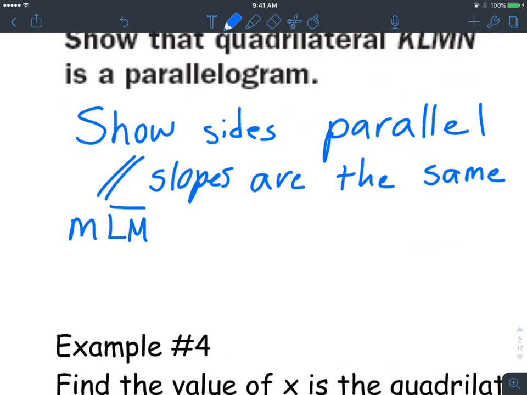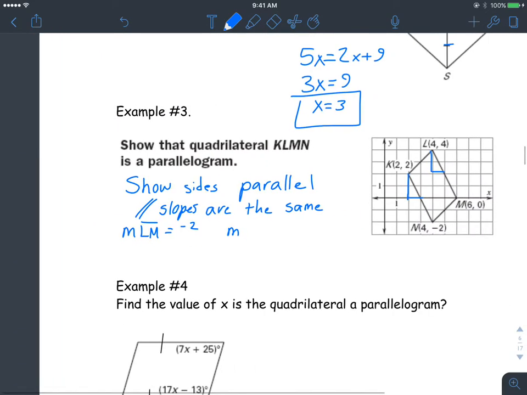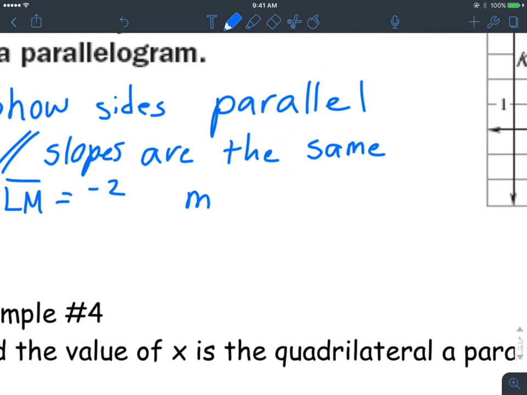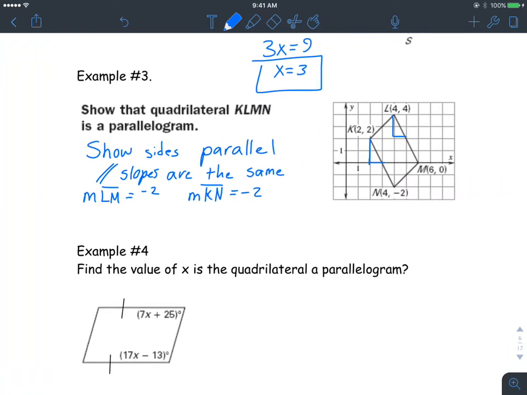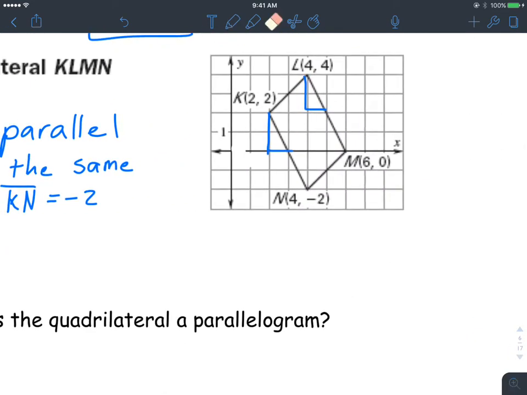So the slope of LM is down 2 over 1, so negative 2. And the slope of KN was also negative 2. So that shows two sides are parallel.